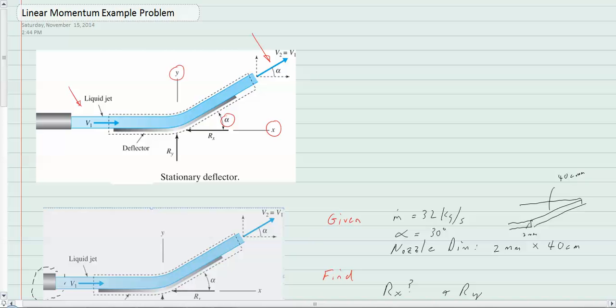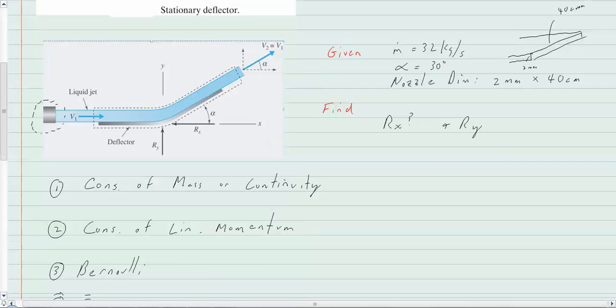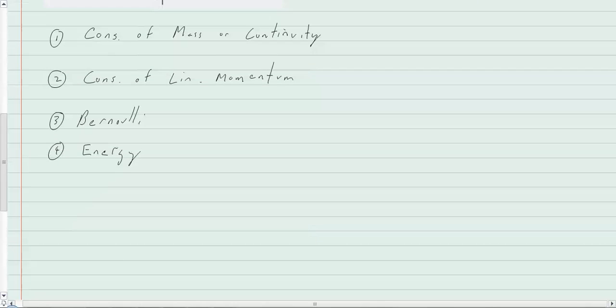Alternatively, we could say that the frictional effects along this surface are negligible. Either way, a key assumption in problems like this is that V1 does equal V2 in terms of its magnitude.